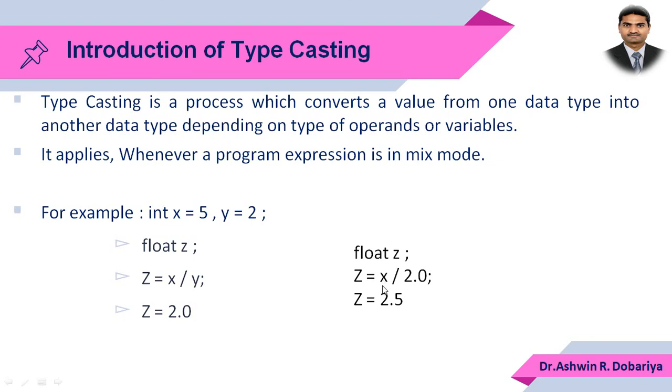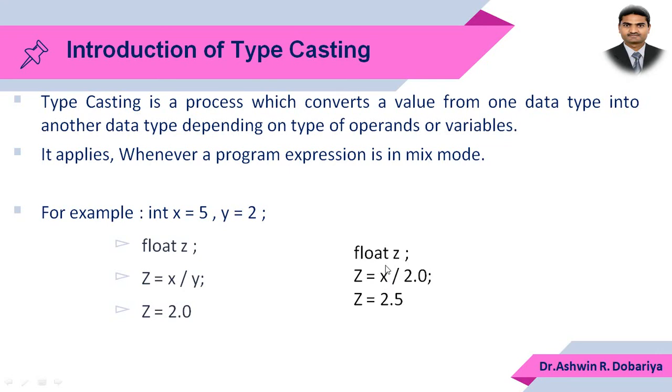So the compiler will automatically do the type conversion, and here type conversion means the compiler promotes the data type. So the lower data type is promoted into the higher data type according to the other operand. Here the other operand is a float. So internally it will promote 5 to 5.0.